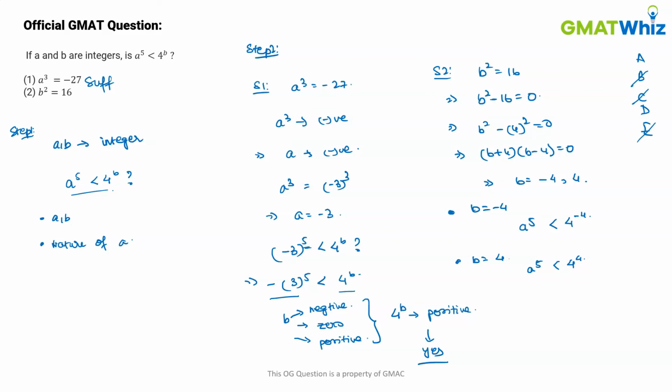Even after we combine the two cases, we will get the same answer: from one case we could get a yes, from the other case we could get a no. And I'm not going to explore which values will satisfy, for which value I can answer the question with a yes or a no, because it is clearly visible that you will be getting two answers, since the nature of a here is not known to us. So statement 2 is not sufficient, and so the correct answer is answer option A.